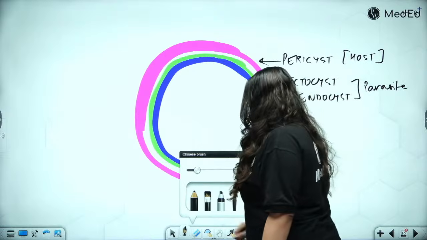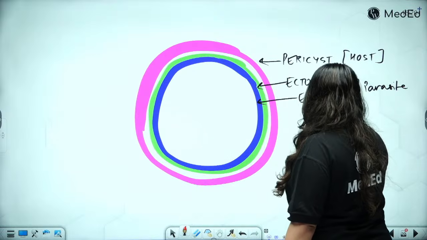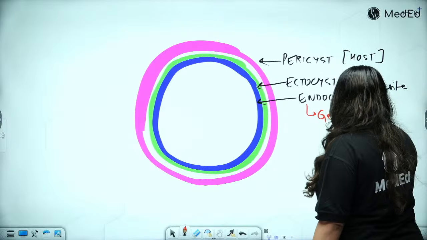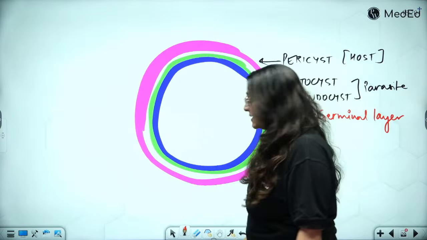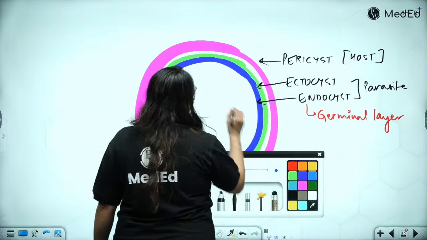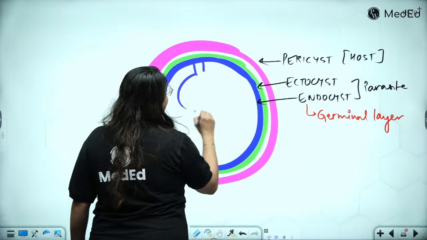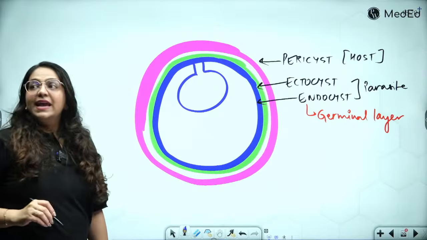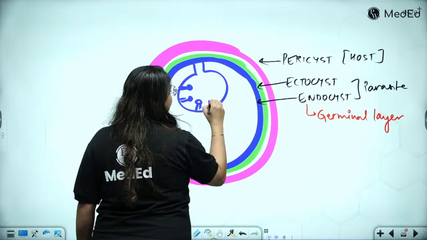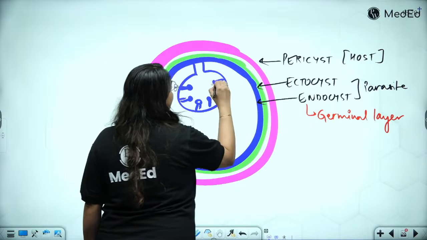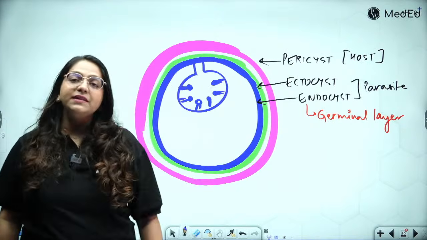Okay? Then what is endocyst? It is also called the germinal layer. This is the one which is going to give rise to babies. How do the babies get produced? There is a stalk which comes out. Then there is a capsule which forms. Inside this capsule, there are the heads of these small little babies. What are the heads of this parasite called? Scolex. Multiple is scoleces.